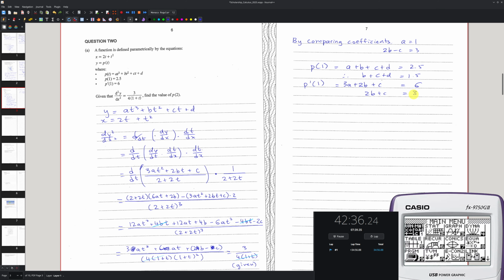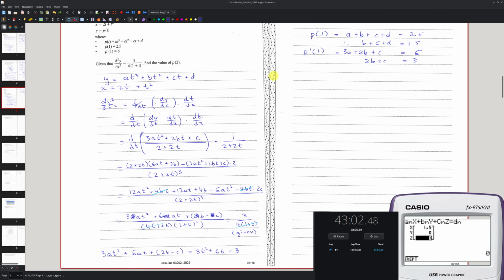Okay, and now we put this into the equation solver, right? Wait, is that real?